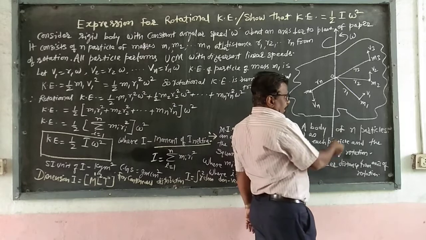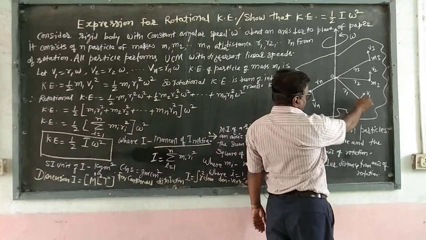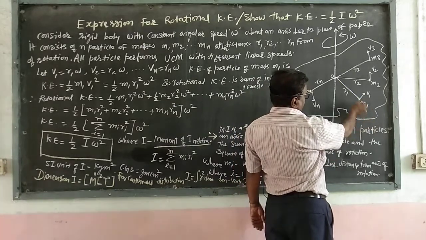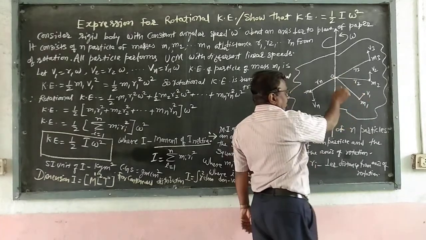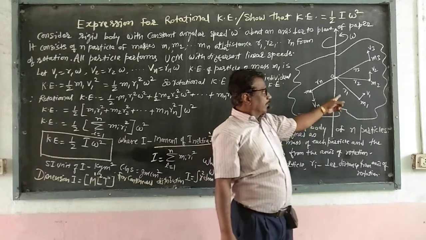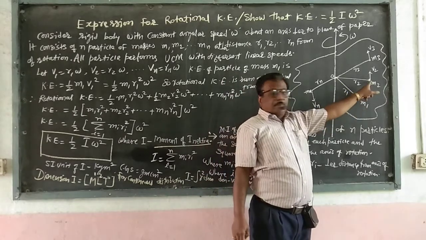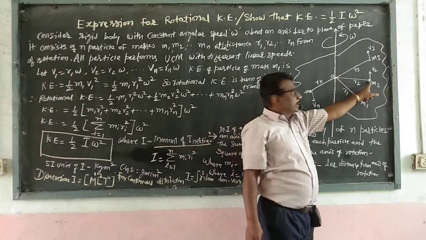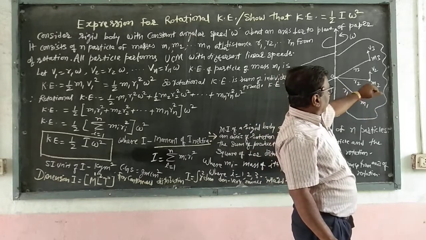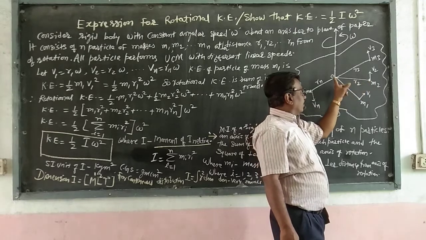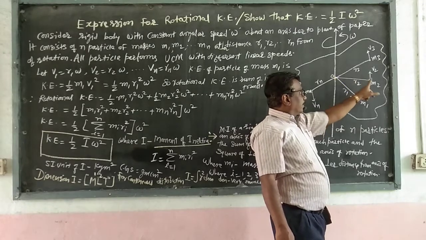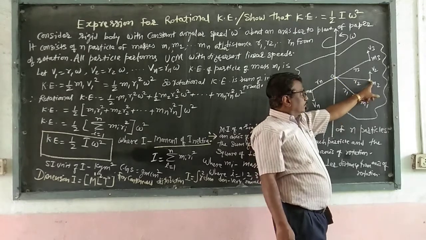Suppose there are a number of particles. The first particle of mass m1 is at a perpendicular distance r1 from point O. The next particle is m2, of mass m2, at a perpendicular distance r2.